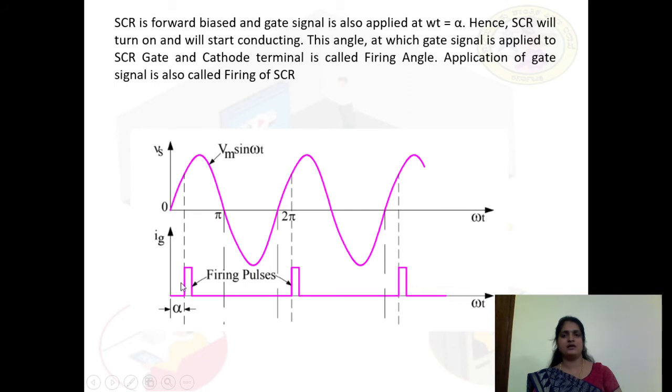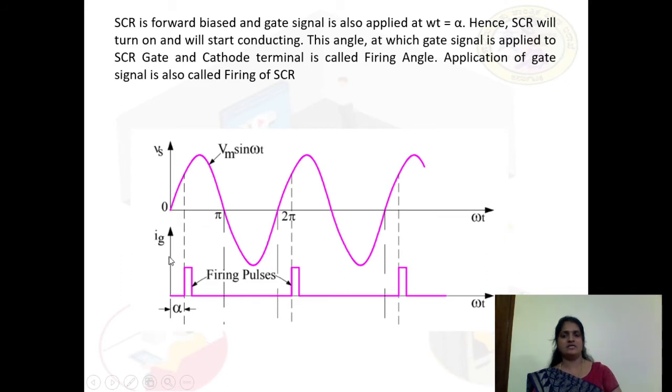The angle at which the gate signal is applied to the SCR, from the gate to cathode terminal, is called the firing angle. The application of this gate signal is also called the firing of the SCR.